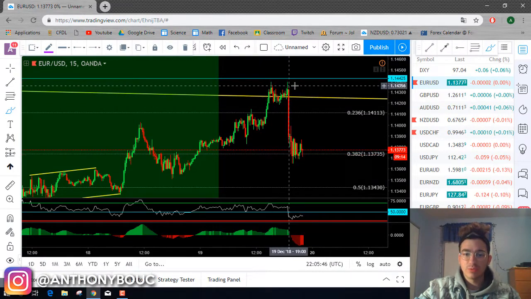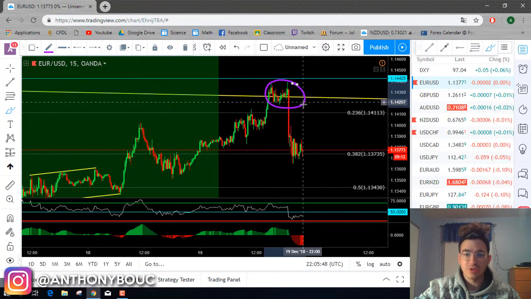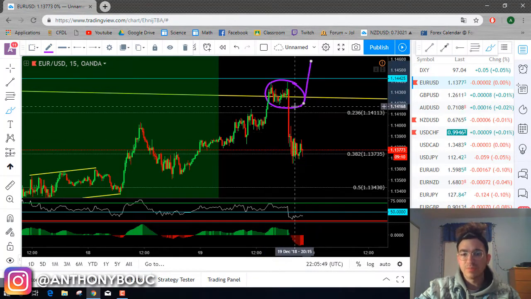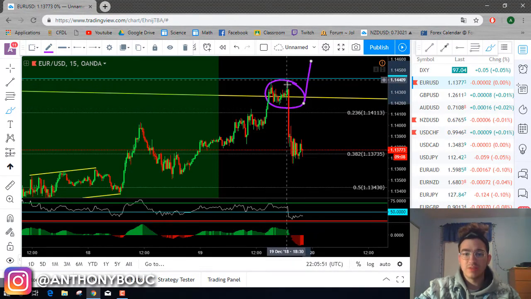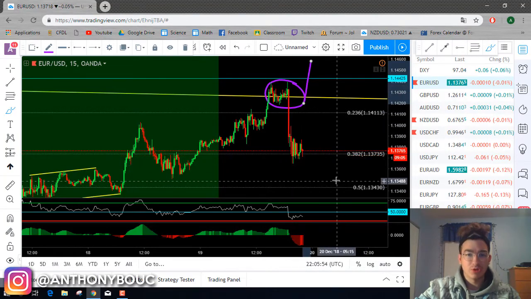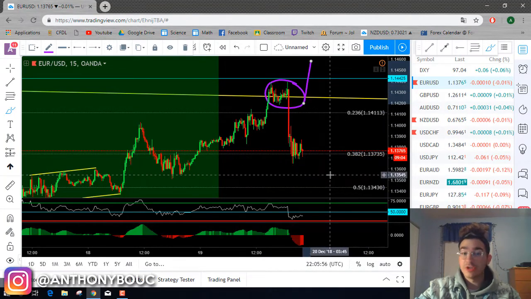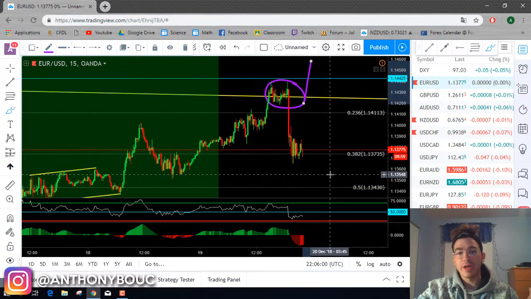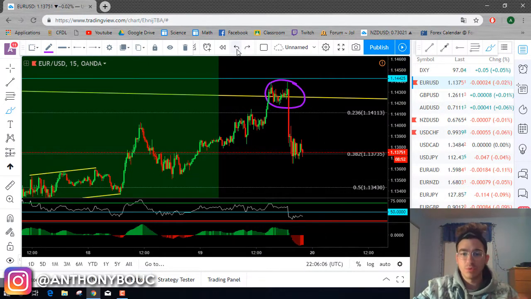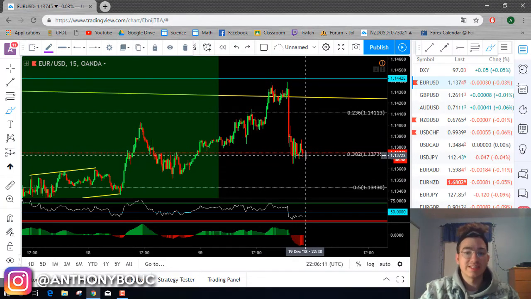The first possibility was that this would simply be a correction and we would go more upside, or the other possibility was that this was a reversal pattern for either a short-term downside or a long-term downside. I'll not go into details of why those two are possible and how, but basically, as it stands right now, both are still possible. We already got the short-term downside, but the long-term downside is still a possibility.